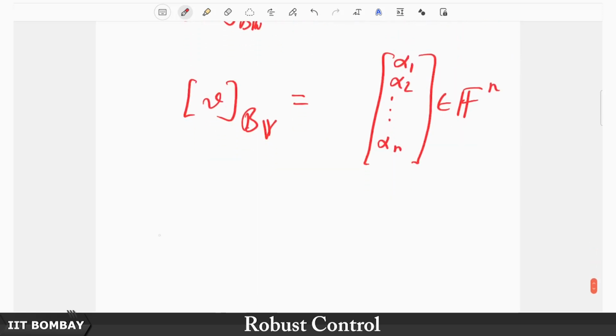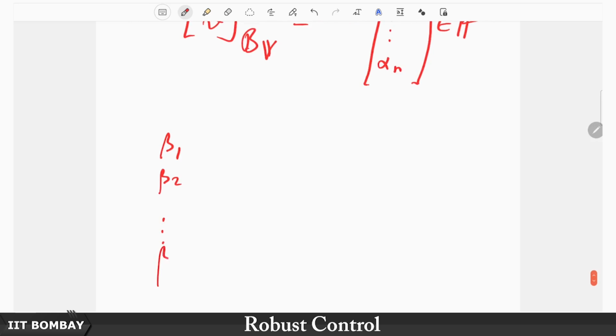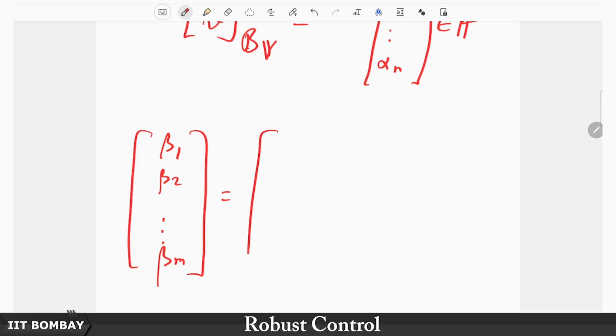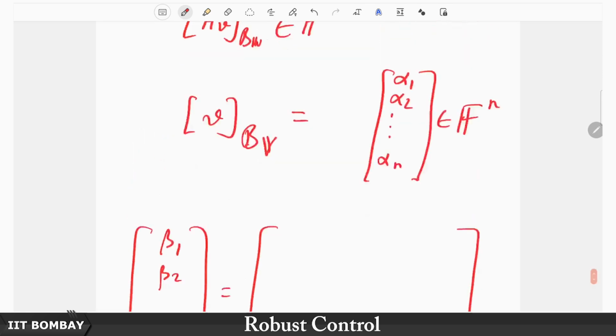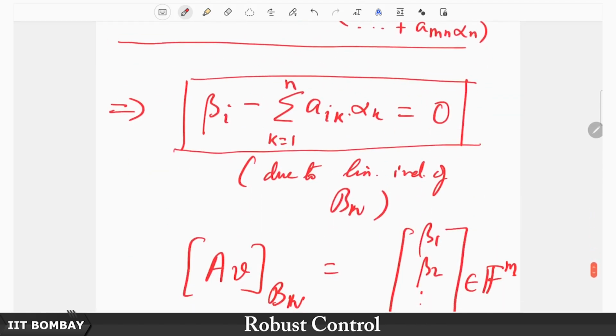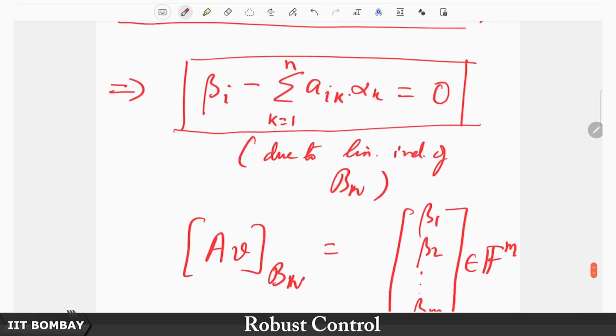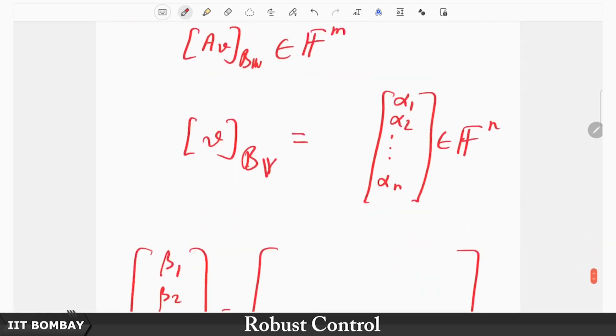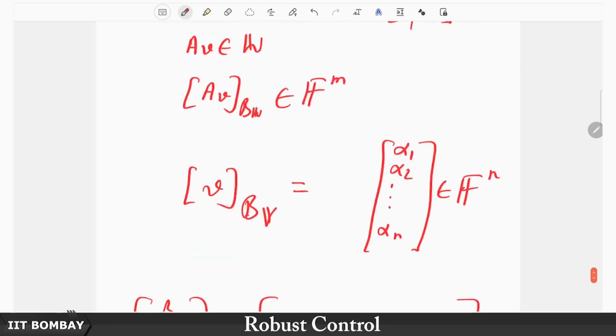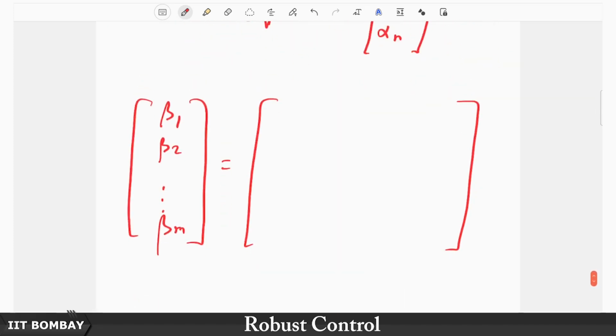What is beta 1, beta 2 dot dot dot till beta m? I can then write this as, let me just open it up a bit and write it down and that will be clear. This is summation over k. So, it is A11 alpha 1 plus A12 alpha 2 plus dot dot dot till A1n alpha n.